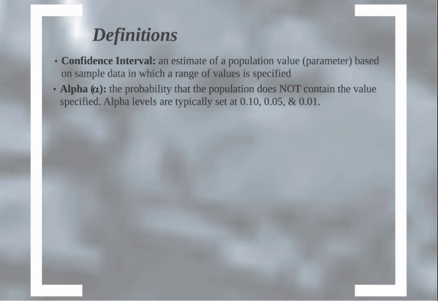So if you set your alpha level at 0.1, for example, you're saying there's a 10% chance that the population does not contain the value specified, or the opposite, you're saying there's a 90% chance that the population parameters do fit within your estimate. Same thing with the 0.05 level, right? That's 95%. The 0.01 level is 99%. And we'll talk more about that in a few minutes.